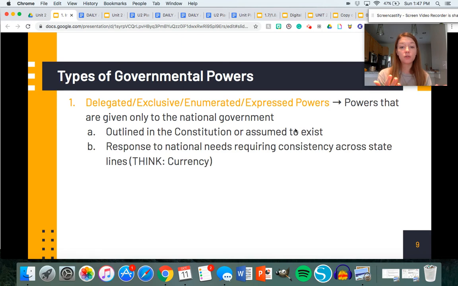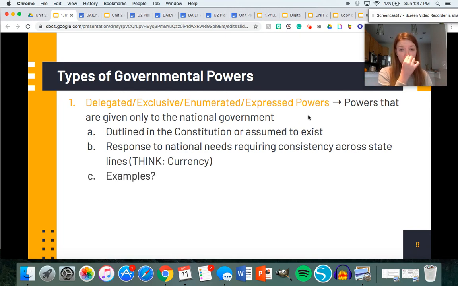This was a response, again, under the Articles of Confederation, to the need for national consistency across state lines, right? Think currency. All of the states before had different currencies. We need an exclusive power, a delegated power to the national government to coin money, so that way we have consistency across all states.